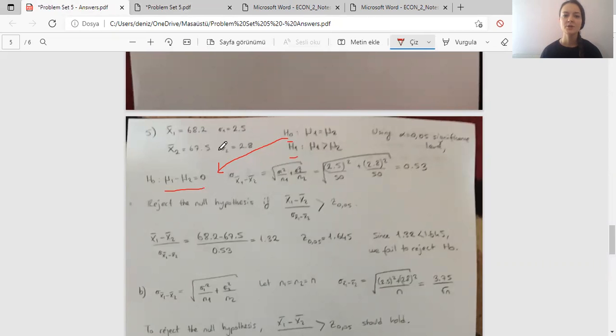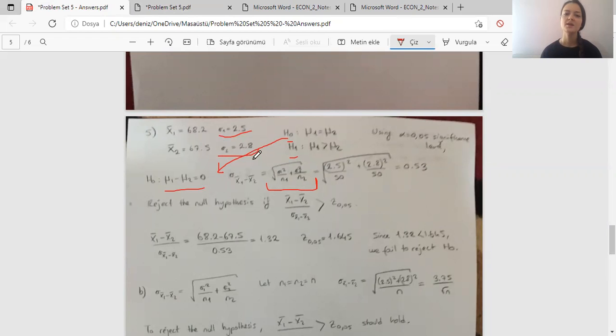And then about the standard deviation here, again, we are using this weighted averaged standard deviation. We know the standard deviation of the first sample and of the second sample.